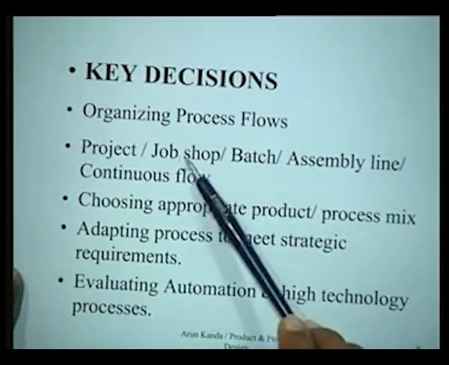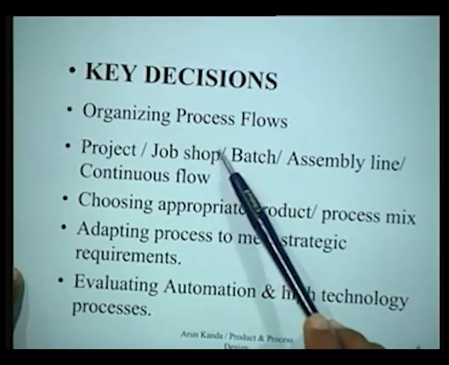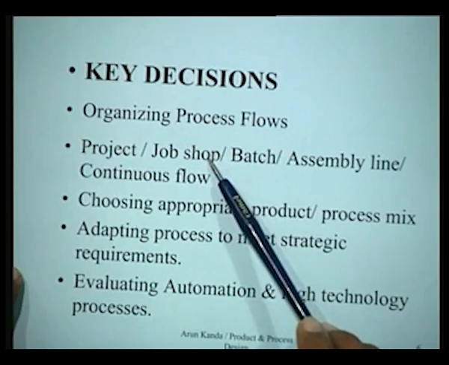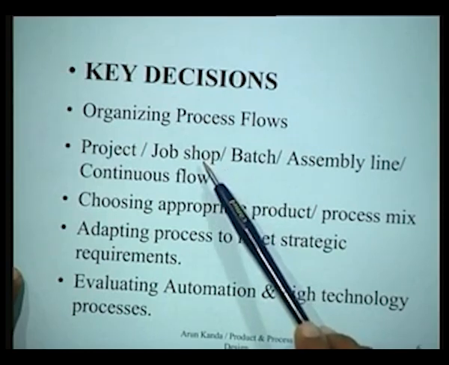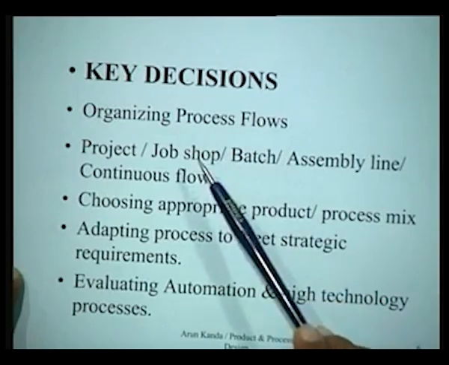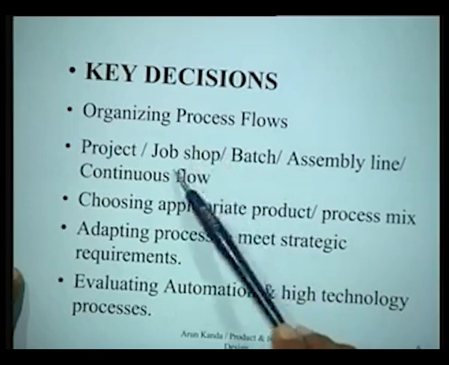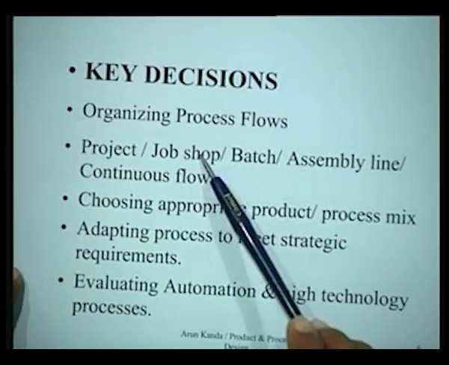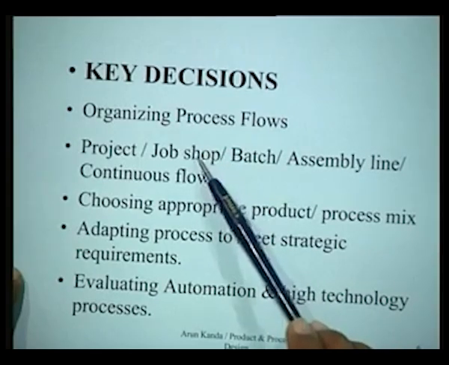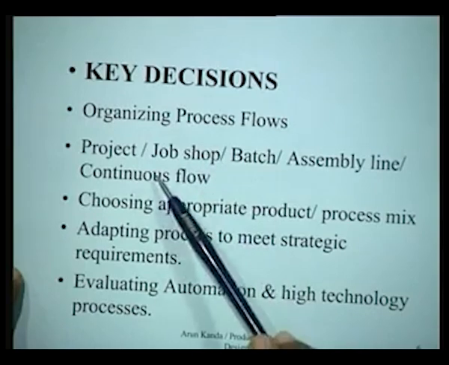So what happens here is you cater to a large variety with standardized machines, but because of the nature of your variety, the flows get pretty complicated. Each product or each project or each job will go through the job shop depending upon its own requirements, and therefore it would create a lot of confusion as far as movement is concerned.